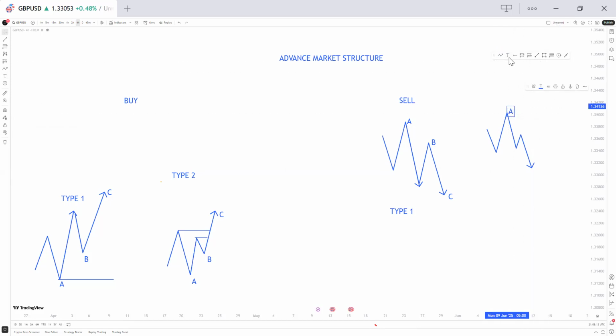You can say this is your A, then you can say this is your B, then you can say this is your C. If you look at it now, it's the same thing with this one. This type 2.